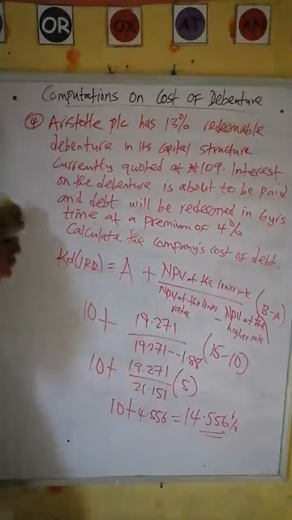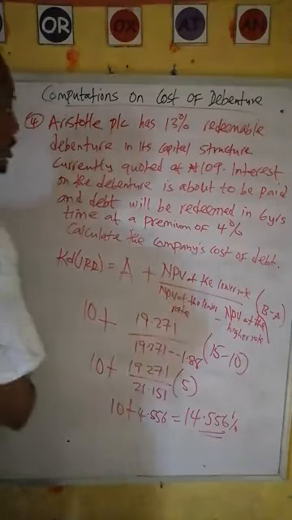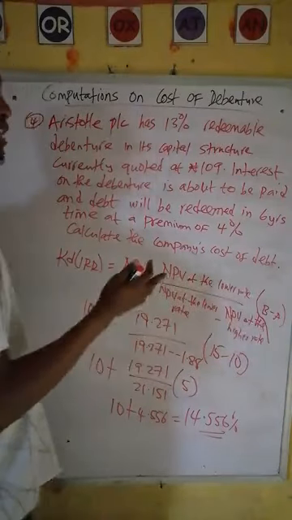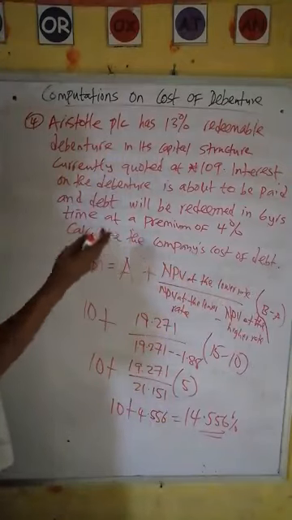Watch out for our subsequent videos in which we shall be talking about marginal cost of capital. We'll also be talking about weighted average cost of capital. We have covered the theoretical aspects, and we are going to see the computation on the weighted average cost of capital, marginal cost of capital, and numerous topics.